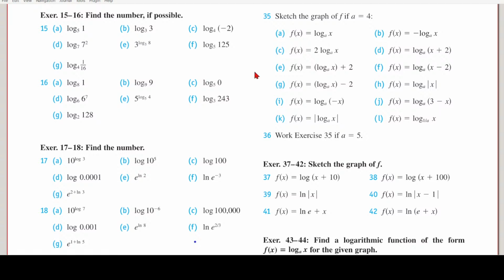For example, let's simplify this: 2 power log 4 to the base 2. What does this mean? Log 4 to base 2 means you are raising 2 to something, 2 power x is equal to 4, right? So what is this x? x is again 2.